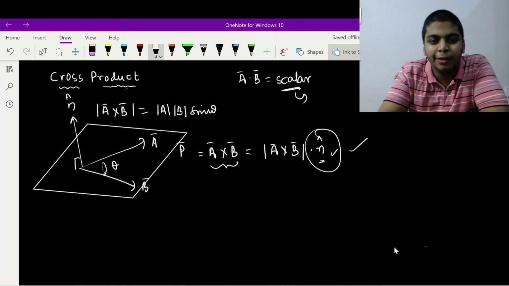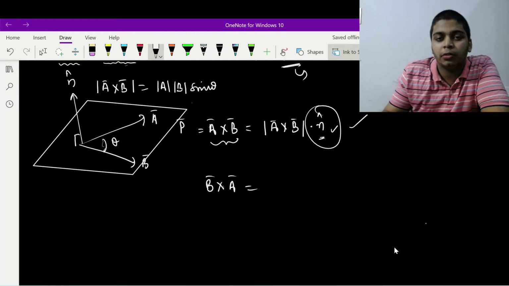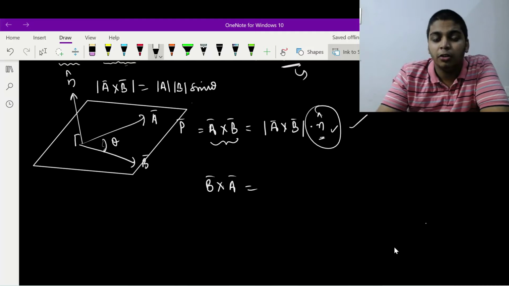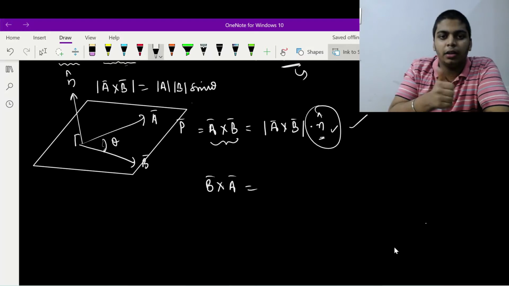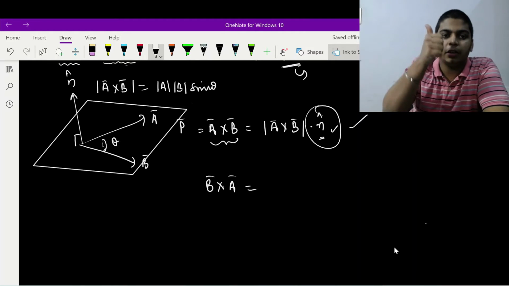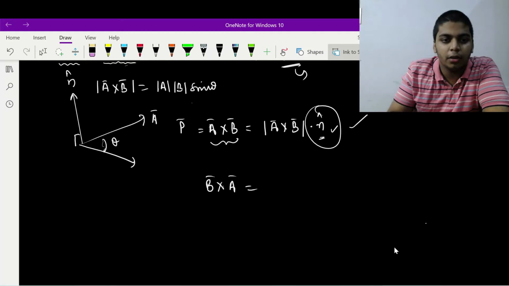Now let us dig into b bar cross a bar. When you want to see what b bar cross a bar is, it is the case reversed from the first one. If this was your a bar and you curl your fingers to b bar, you obtain that vector upward. According to my example, this was my a bar and this was my b bar.